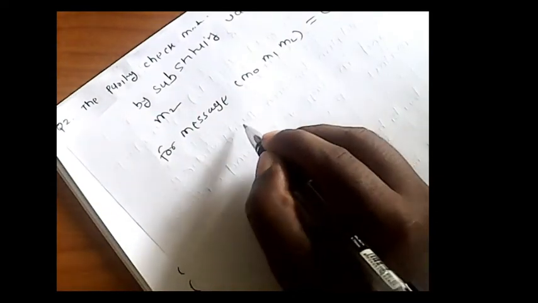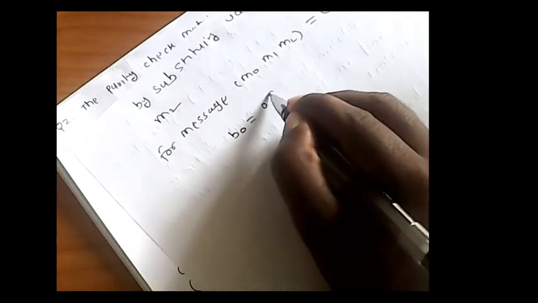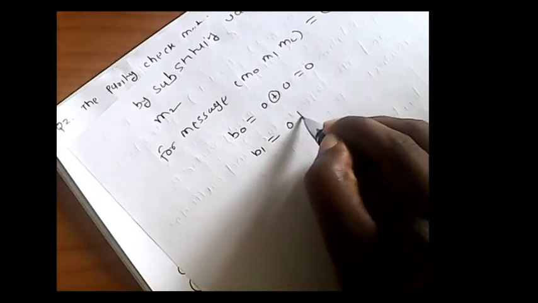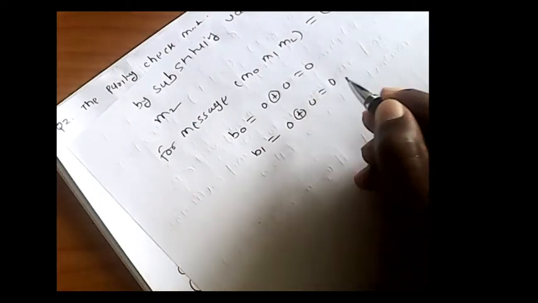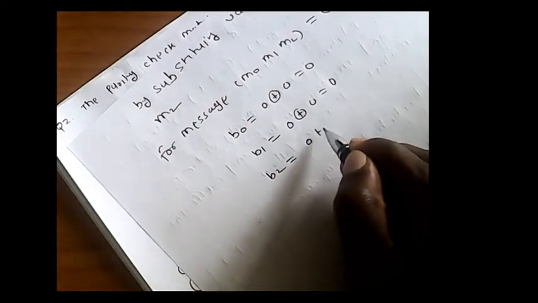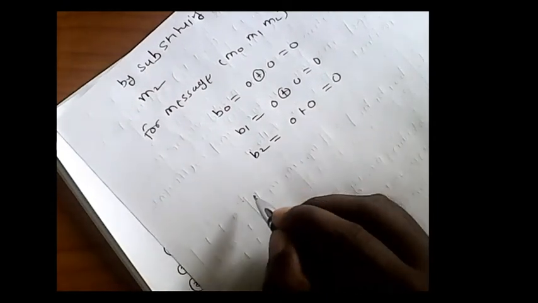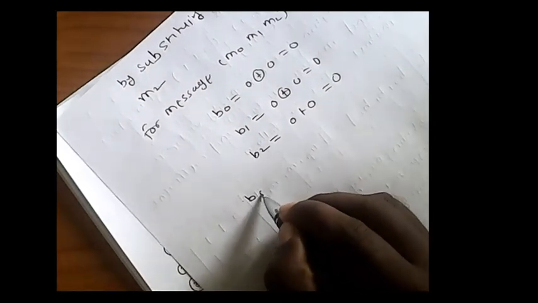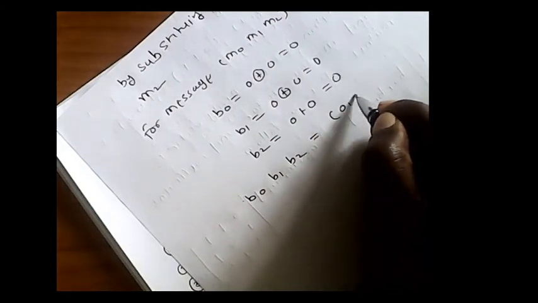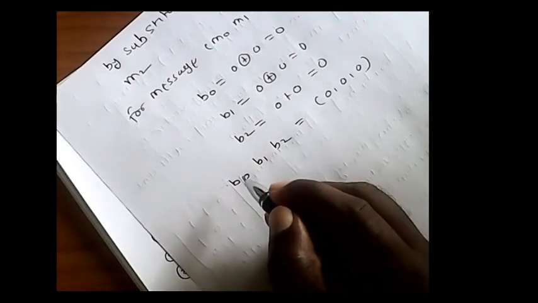So we can get B0 is equal to 0 into 0, B1 is equal to 0 combination 0, that is 0, and B2 is equal to 0 into 0. So B0, B1 and B2 are 0, 0, 0. So this is the first parity vector which is to be found out.